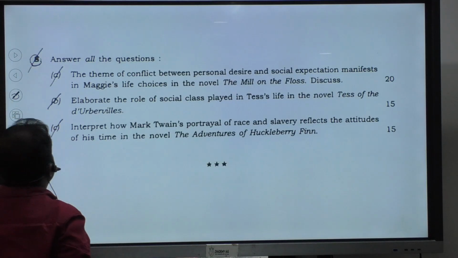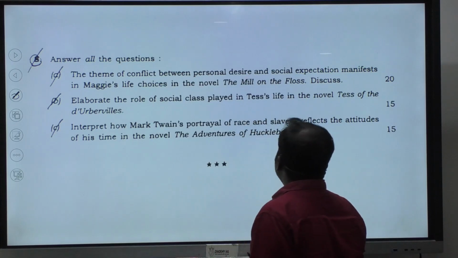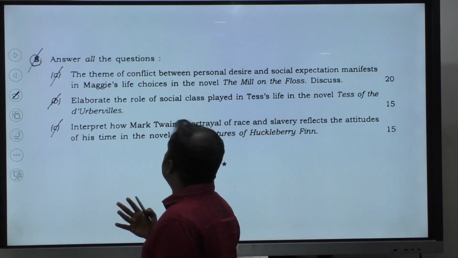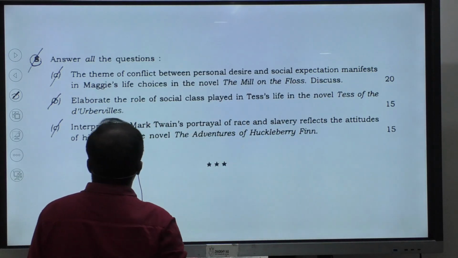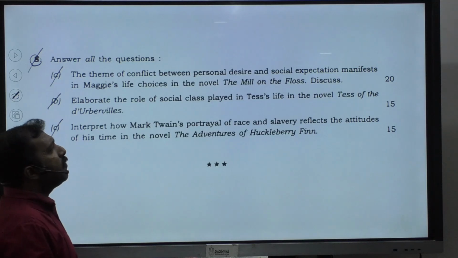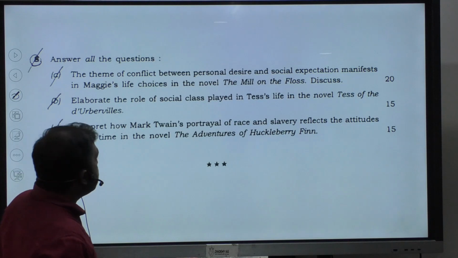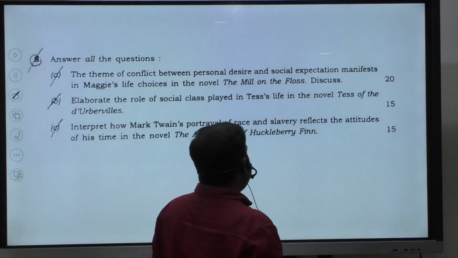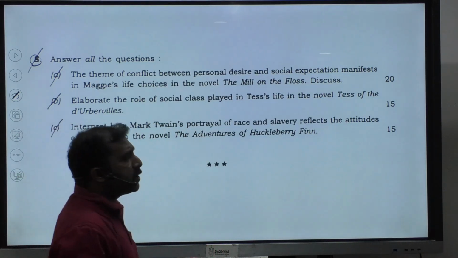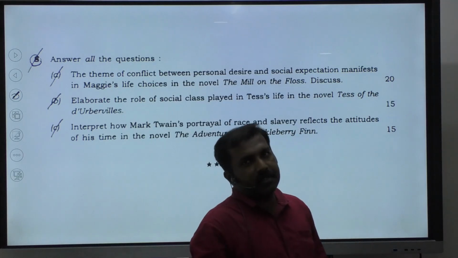And the theme of conflict between personal desire and social expectations as manifested in The Mill on the Floss. Elaborate the role of social class in the life of Tess in Tess of the d'Urbervilles. Then interpret how Mark Twain's portrayal of race and slavery reflects the attitudes of his time in Adventures of Huckleberry Finn. So these are the questions this year.